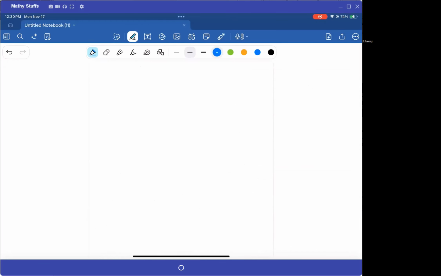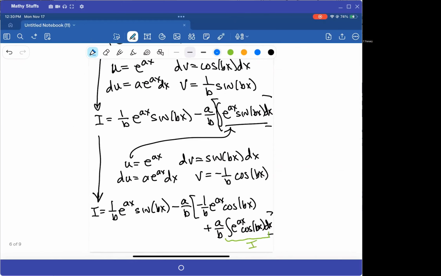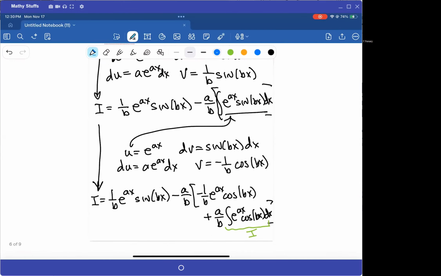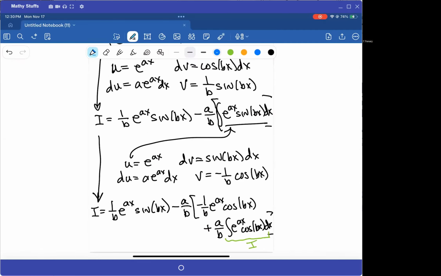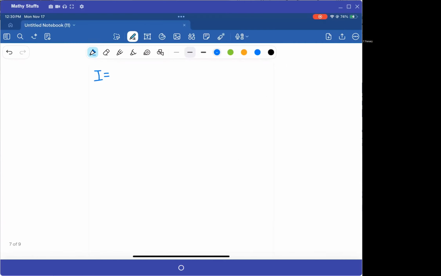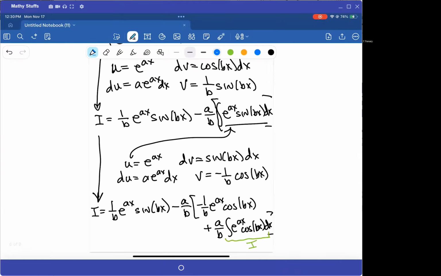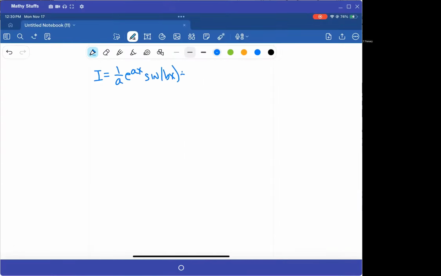So we're going to rewrite this guy as I equals, and then this was 1 over b e to the ax sine of bx minus minus. So this becomes a plus a over b squared e to the ax cosine of bx.